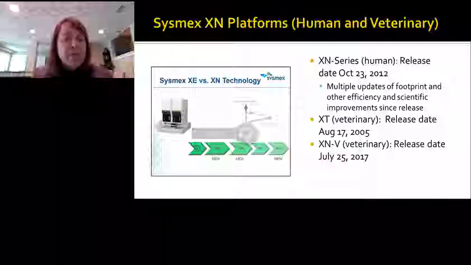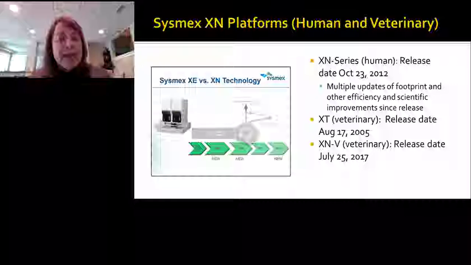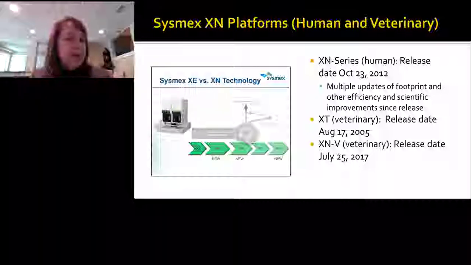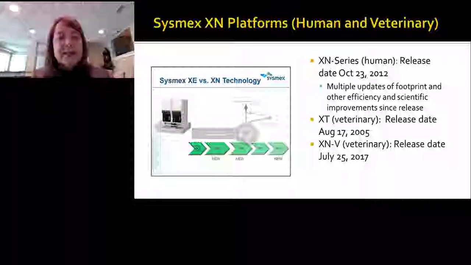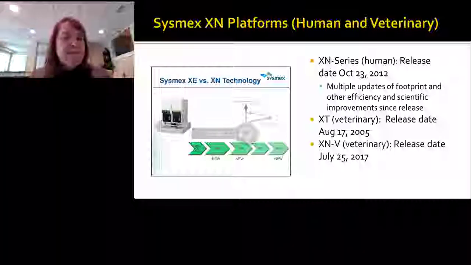There have been multiple updates of footprints and other efficiency and scientific improvements since then. When we look at the veterinary applications, the first application for Sysmex was the XT, which had a release date of 2005, so it has a good history of over a decade of analyzing hematology samples with this technology. The conversion to the XN-V, or veterinary application, is relatively new, with this past July.